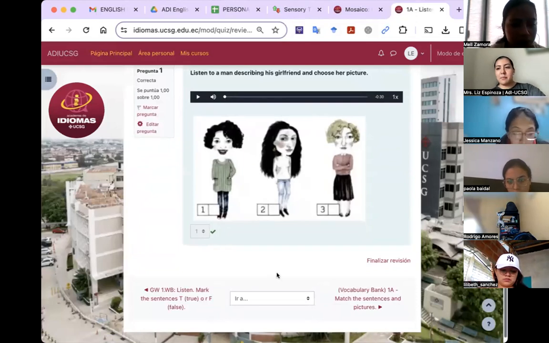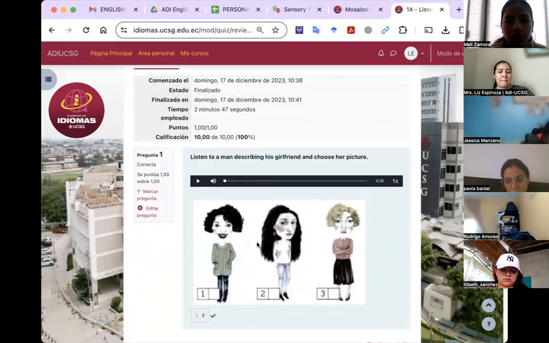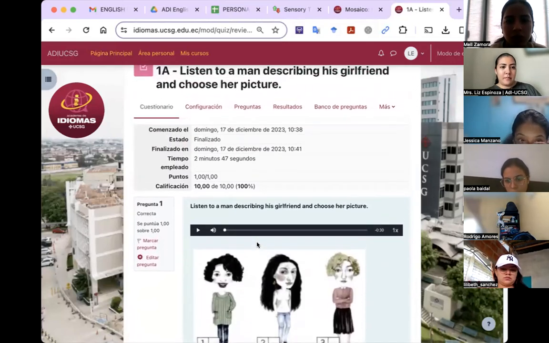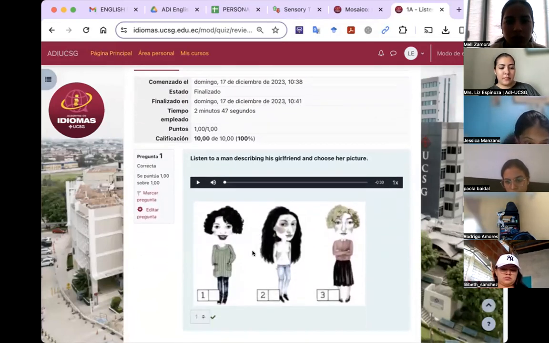Excellent. Very simple. Excellent. Answer, please. That is activity 1A of the vocabulary of unit 1B.